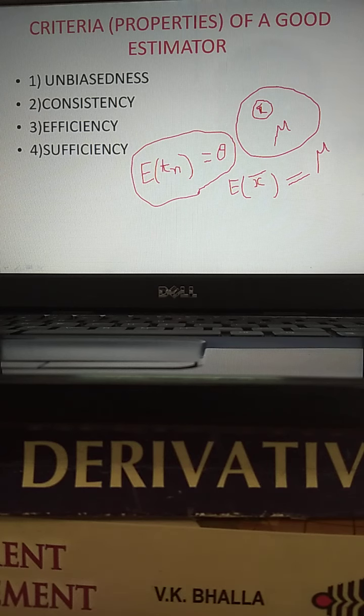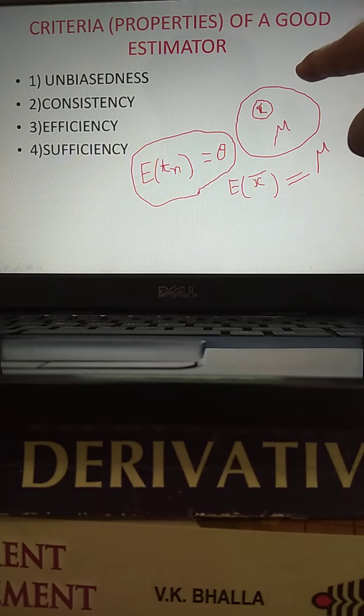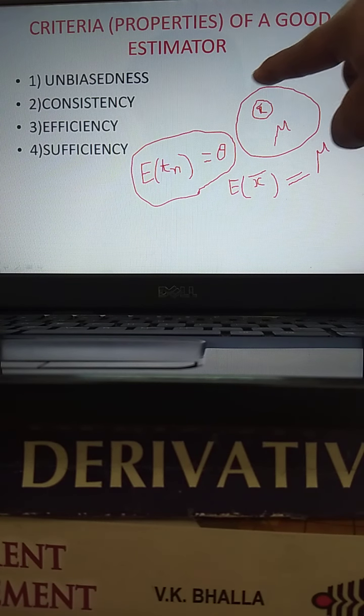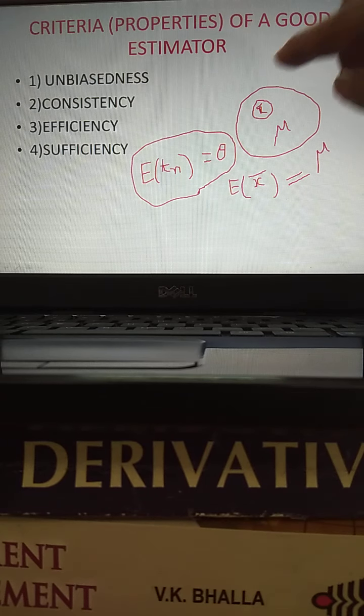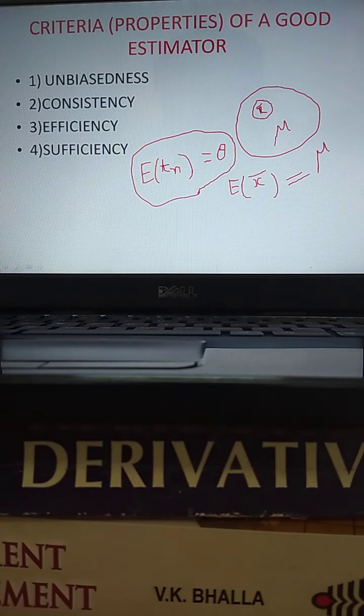Get my point? So if you think this way, every time, without any hesitation, if you want to calculate the average of the population, the big circle, you simply take the sample, the small circle.